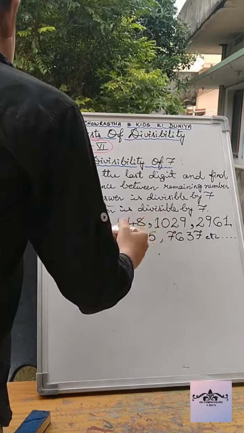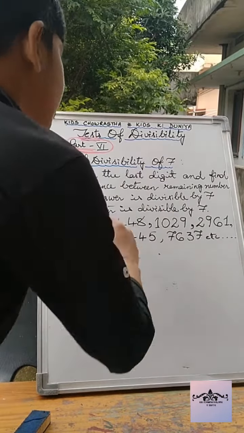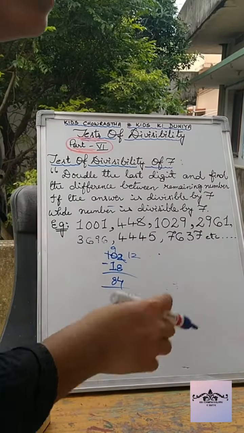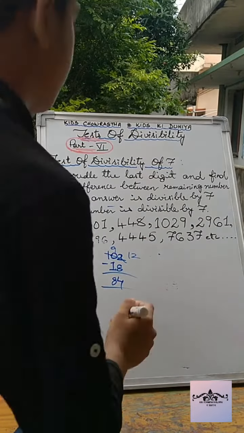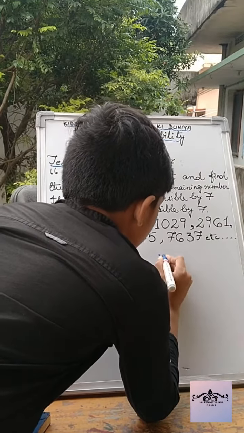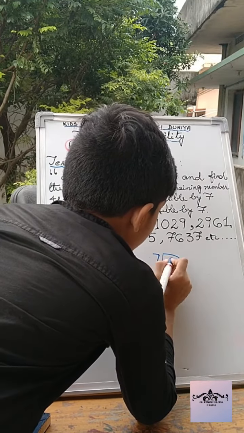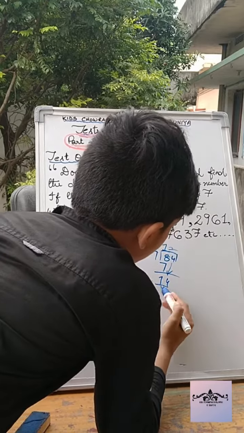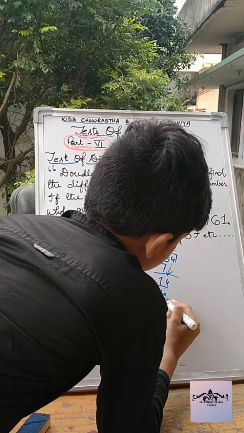Now if the answer is divisible by 7, the whole number is also divisible by 7. The answer we got now is 84, right? So now 84 by 7. 7 ones are 7, 14. 7 twos are 14 again.